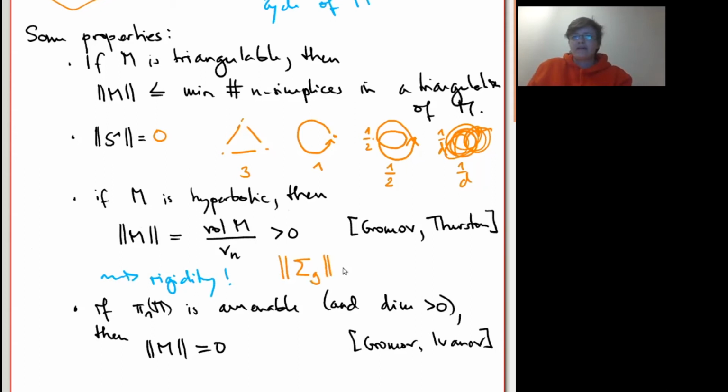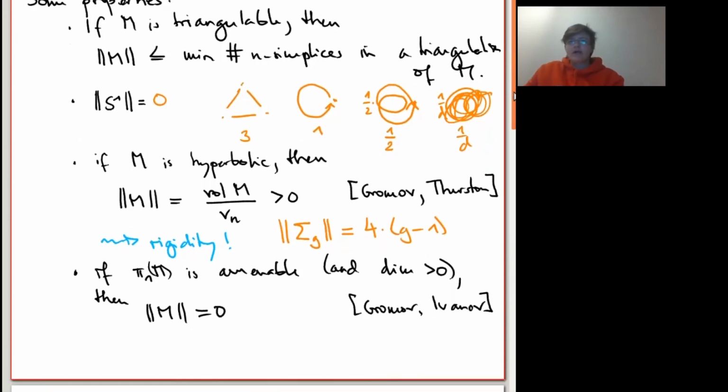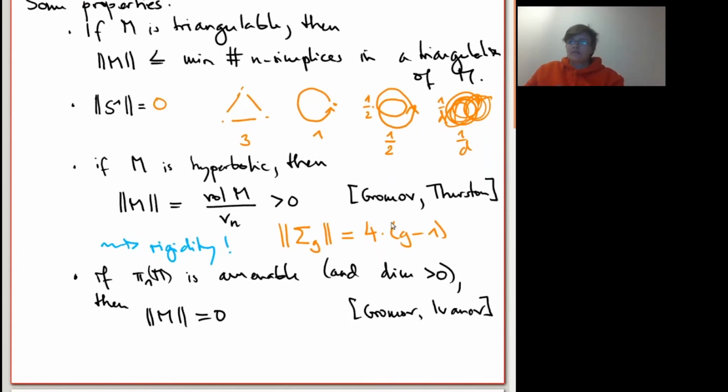So what you get here as a simplicial volume is just 4 times (g minus 1). Okay. So as I said, you can derive it from this formula and, I don't know, Gauss-Bonnet, or you just prove it by different means. But in general, one should be aware of the fact that this is very hard to compute. Okay.